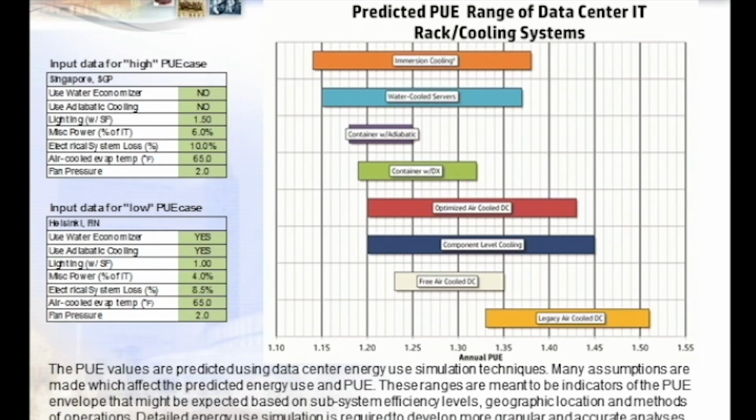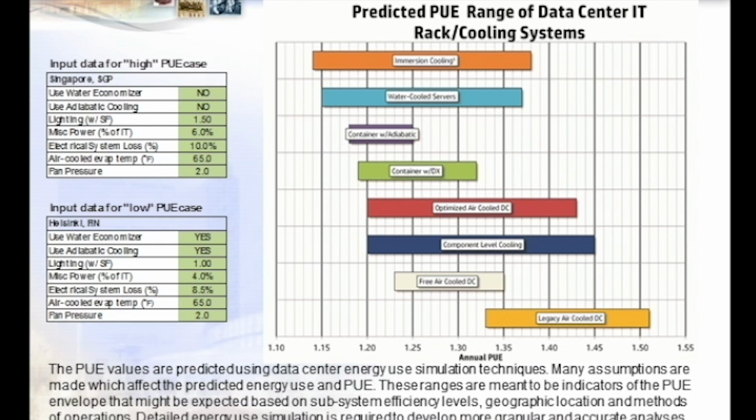Okay, the last slide I want to talk about is a summary of a number of different topics. This is a project that we just worked on a few months back, and the idea here was to develop a worst case and best case PUE. So I'm going back to PUE now and looking at some of the ways that we can predict or understand energy consumption.